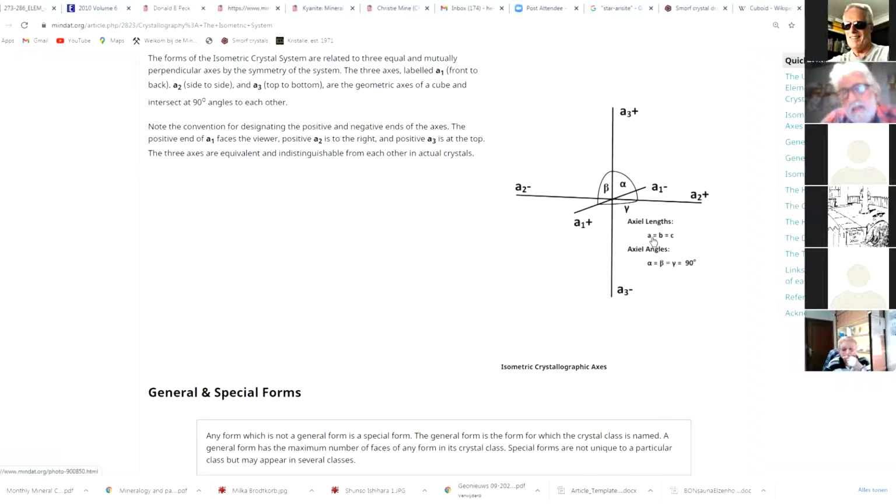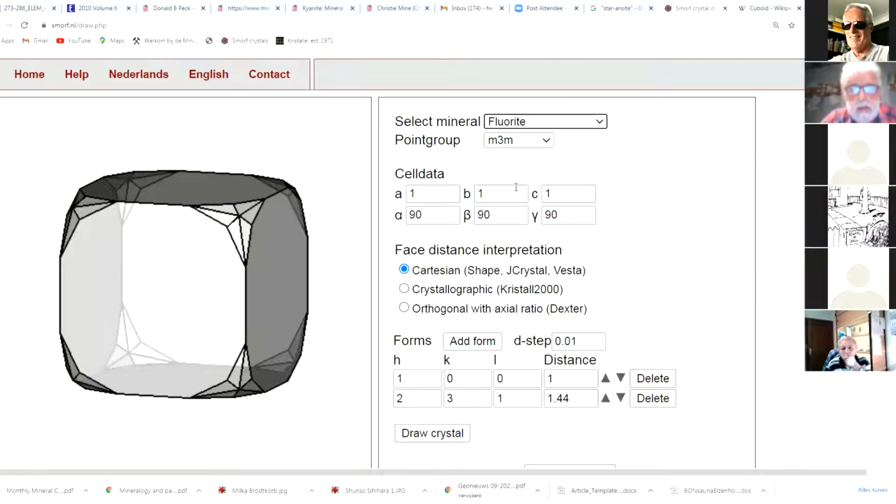And it's specified here, A is equal to B is equal to C. And here the angles alpha is equal to beta is equal to gamma is 90 degrees, okay? So that's actually what we saw here on the cell data too, okay? A is equal to B is equal to C is equal to 1, and the three angles are equal to 90 degrees, okay?